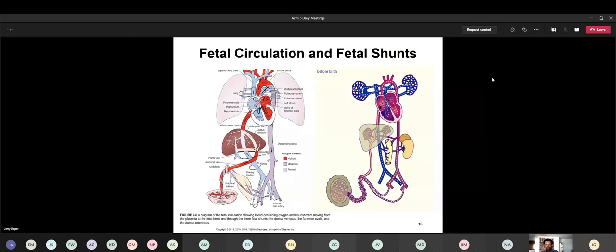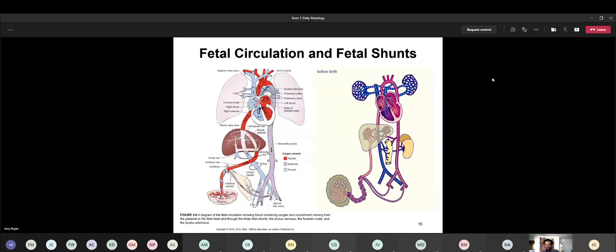So then we're here in the right side of the heart, and again, about half of it is going to go straight through the foramen ovale, and the other half is still going to go into the right ventricle. So it's going to pass through the tricuspid valve, and then make its way out the pulmonic valve into the pulmonary arteries.